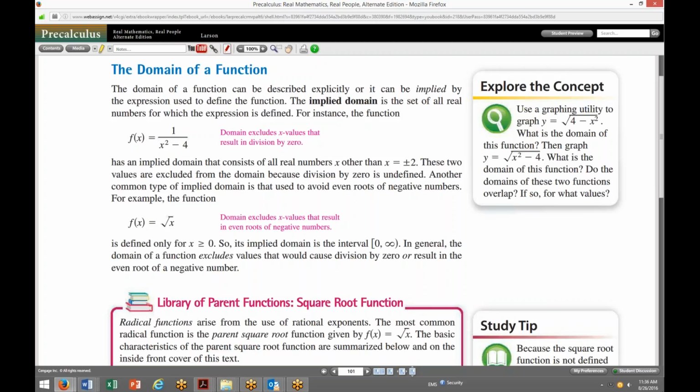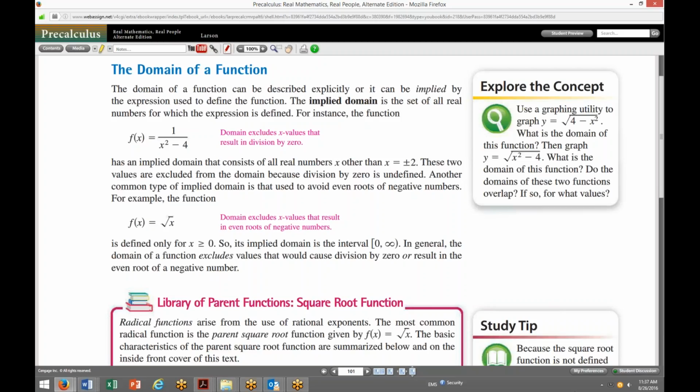Now, first of all, let's take the situation of a rational function where you have f of x equal to some expression divided by another expression. Usually both of them have x in them, but if the denominator expression specifically has x's in it, we will call that a rational function. And here's the point.